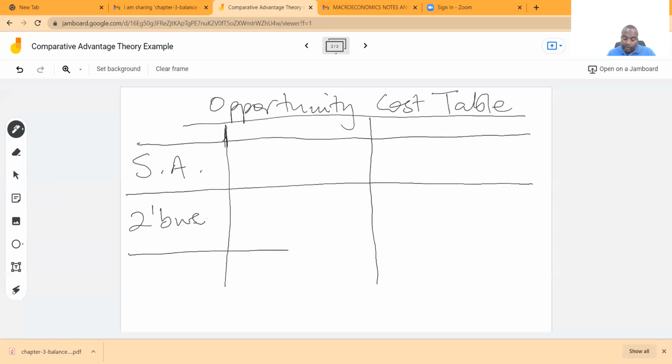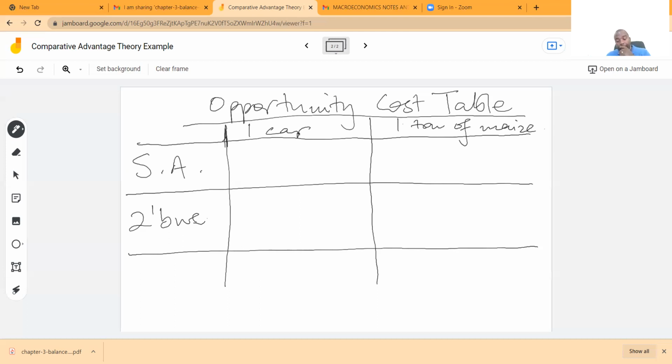So we now have, at the top there, it's one car. In the cells, we'll be calculating the opportunity cost of producing one car. And then on the third column there, it's 1 ton of maize. It's 1 ton of maize.